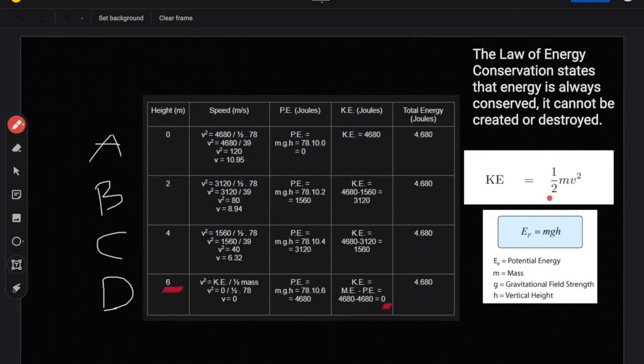For its speed, I modified the formula for kinetic energy, 1/2 mass times velocity squared, in order to solve for speed. I had to isolate the velocity, which means that I had to divide kinetic energy by 1/2 times its mass. And from there, it's just a matter of substituting and doing math regularly.